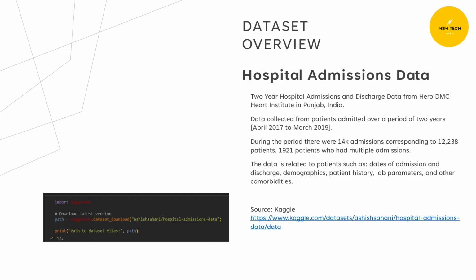The data set essentially contains information about the date of admission and discharge of these patients, as well as the demographics data, patient history, some lab parameters, and some other comorbidities of these patients. I included on this slide the data source on Kaggle and also how to import this data set on Jupyter Notebook.